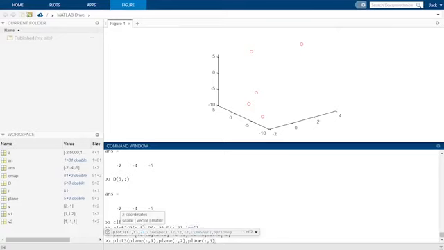Using plot3, and to show it as green line segments we use the G character. Before we execute the plot function we need to do hold on so that our red data points persist in the plot.